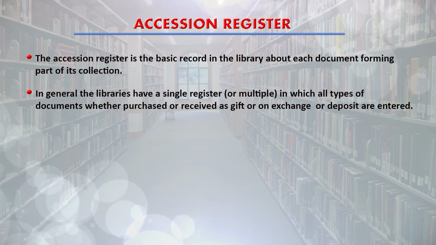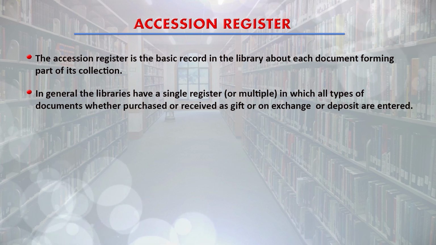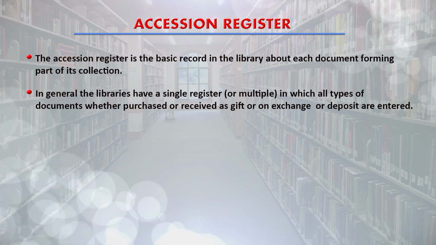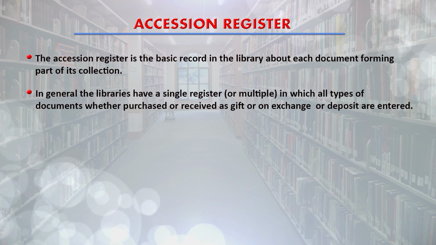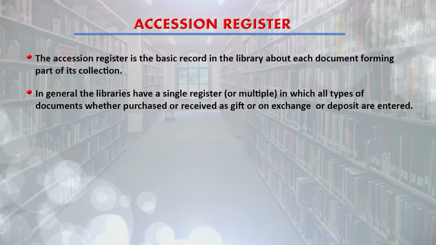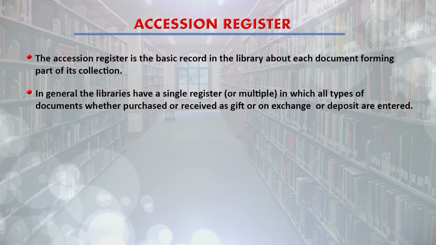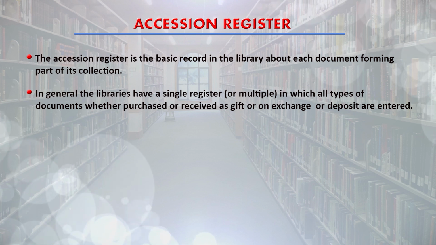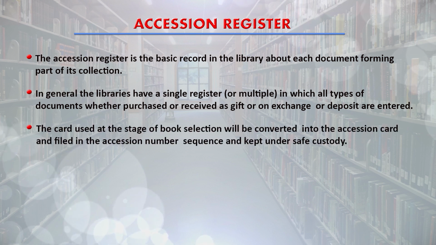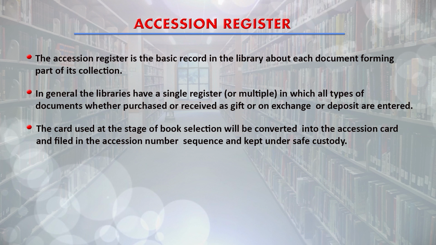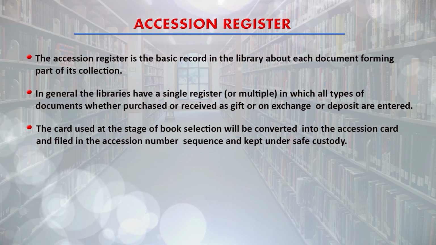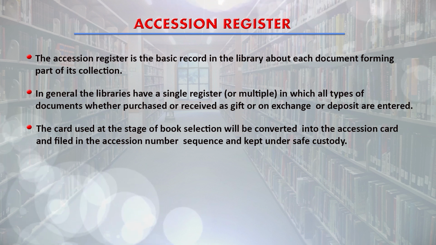Then there are types of material: books have a different accession register, journals or magazines have a different one, similarly CDs are different. So that way different types of material require different accession registers. Now if your library is a very small one, you need not have more than one register, maybe you can separate it out with flags.